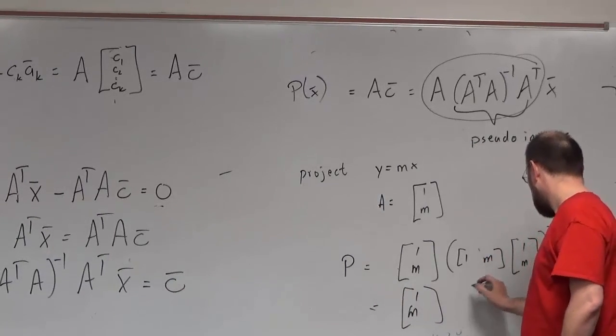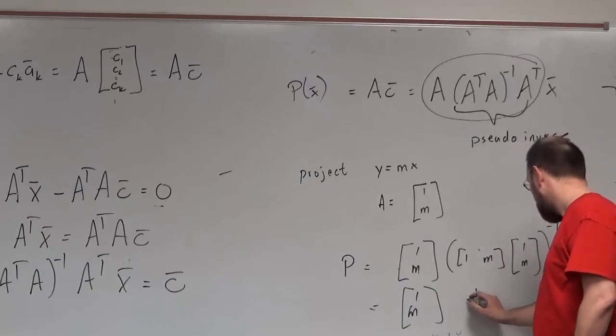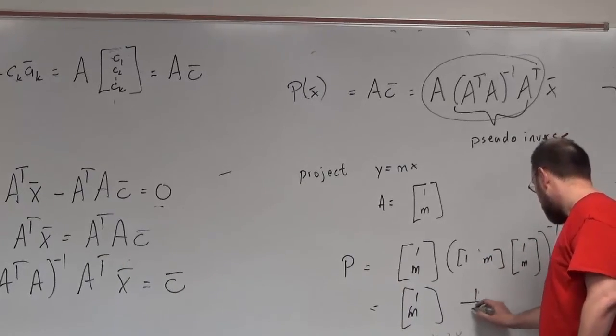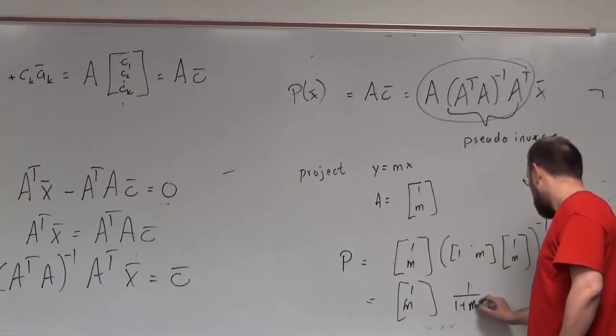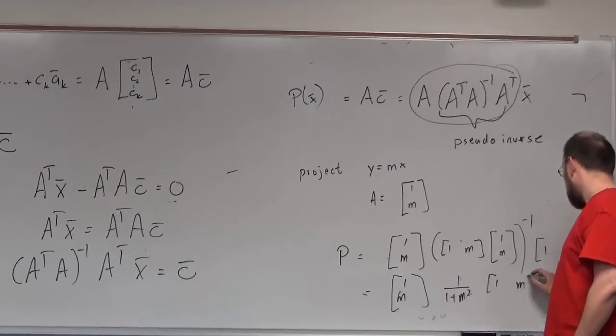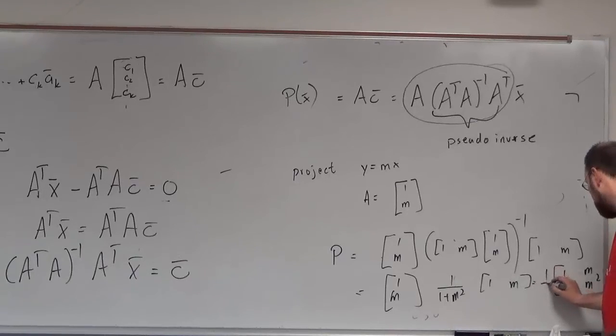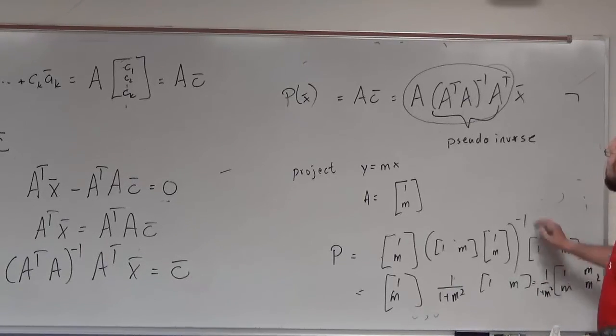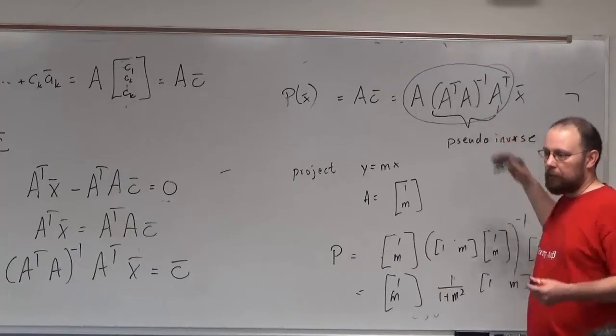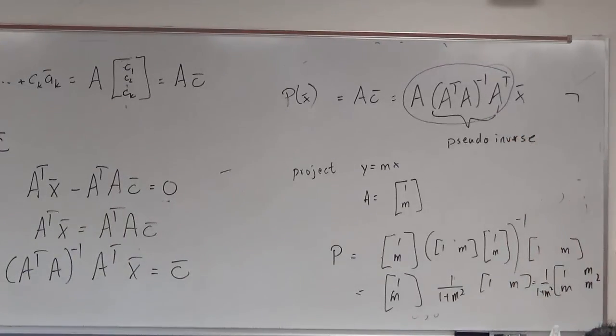So you get 1 plus m squared. The inverse of that is just the reciprocal, so you get a number. And you multiply this out and you get the familiar formula. Right, but what's nice about this formula is it works for arbitrarily many dimensions. It's pretty powerful. All right.